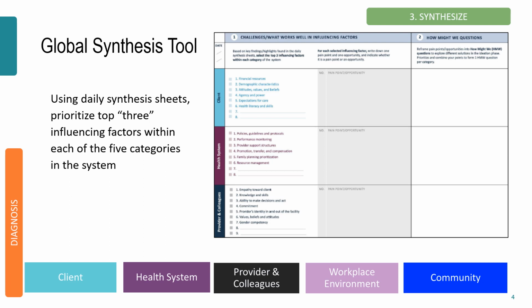So now that we've collected all of our daily synthesis information, we're ready to pull this together into the global synthesis tool. And there's 2 parts to the global synthesis tool. First, focusing on the challenges, what works well and what doesn't work well, and influencing factors, and then the how might we questions.